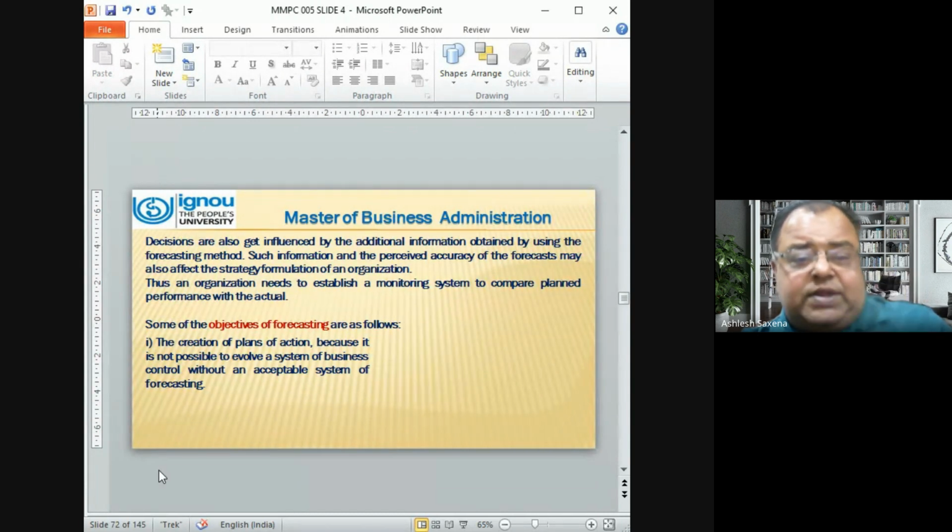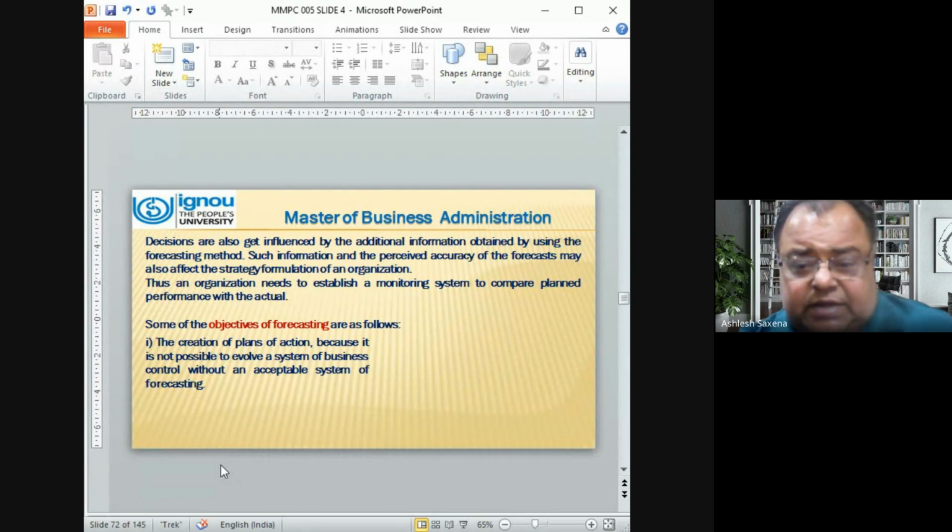Such information and the perceived accuracy of the forecast may also affect the strategy formulation of an organization. Thus, an organization needs to establish a monitoring system to compare planned performance with the actual.